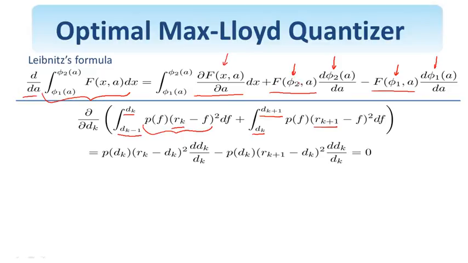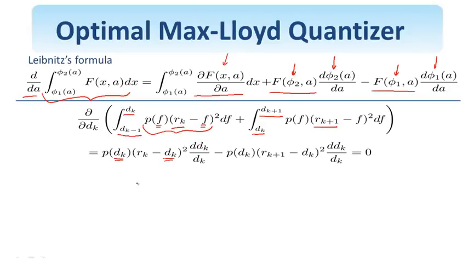Then I have the integrand evaluated at d of k. So instead of f here, I'll put d of k, times the derivative of d of k with respect to d of k, right?